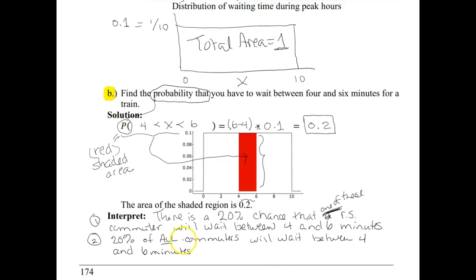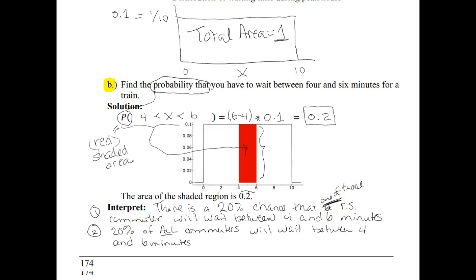And again, by all, we mean all of these commuters for this particular line in Ohio during peak hours, if we were to add all of those details in there. So again, two interpretations for probabilities, for an individual or the percentage of all.